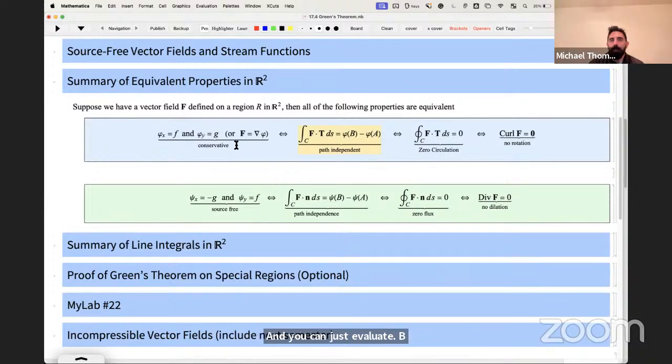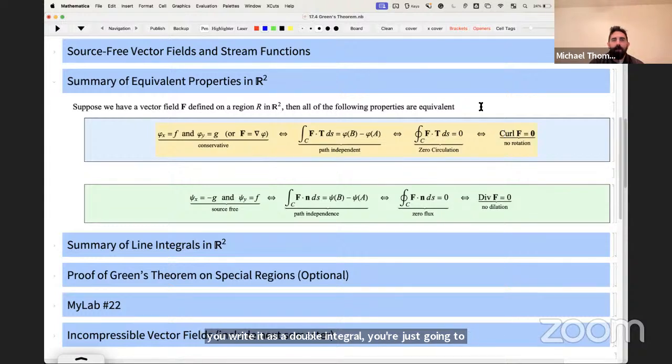If the vector field is conservative, it also means you have no rotation on the vector field. We just discussed that a second ago. And if there's no rotation, then using Green's theorem, you can show that the circulation is always 0 on any closed curve, because when you write it as a double integral, you're just going to get a double integral of 0.